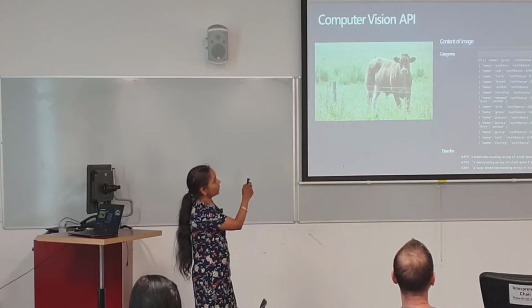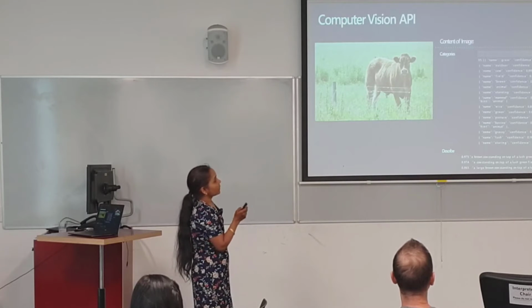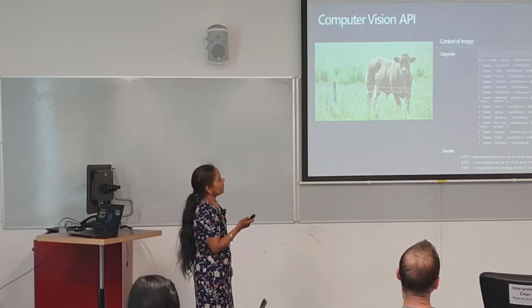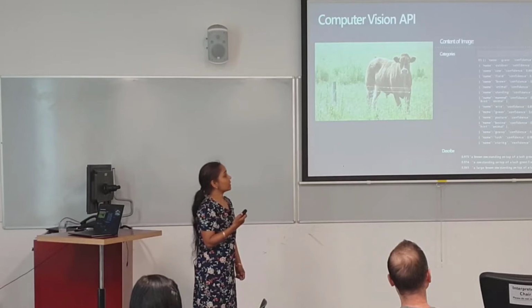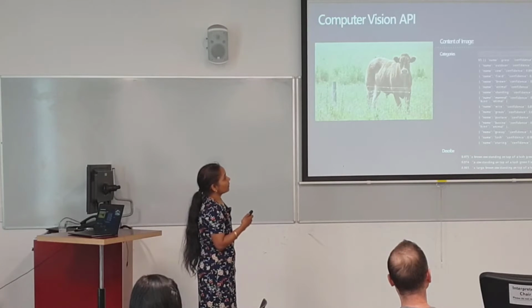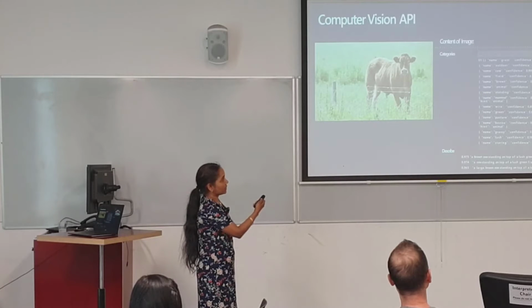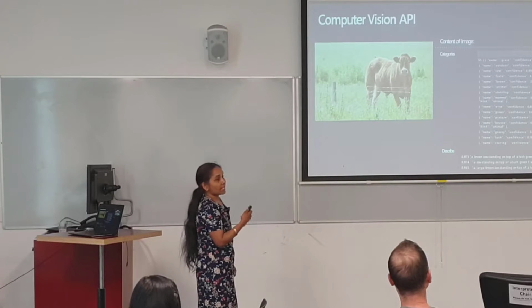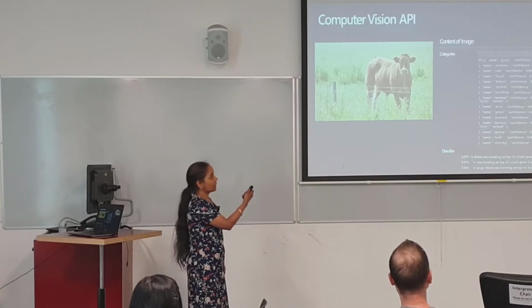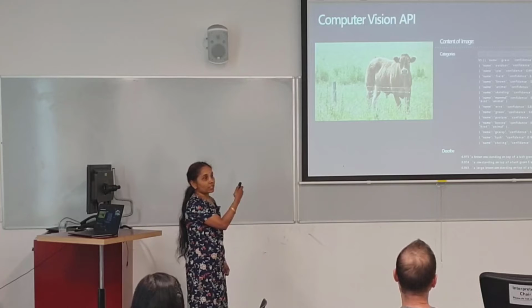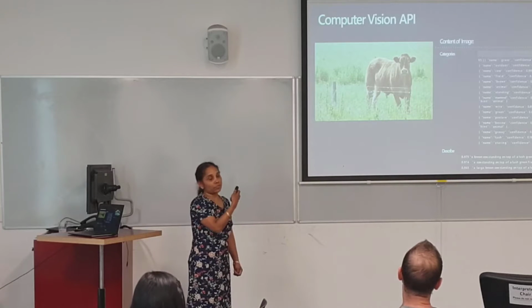And there is a cow there, which is 99%, and it is categorizing it as a field. And the brown color, animal, obviously it's an animal. So there are lots of categorizations with the words which have been trained by Microsoft. If we want to train by uploading some images, we can't train in computer vision API.